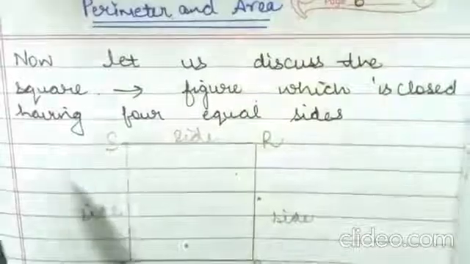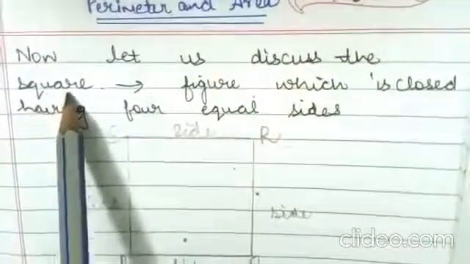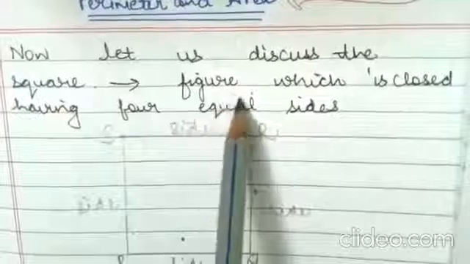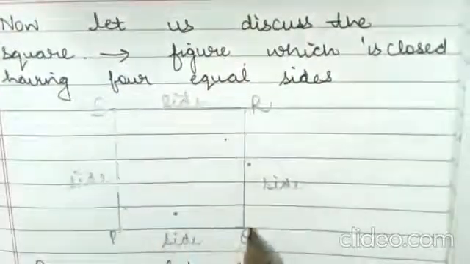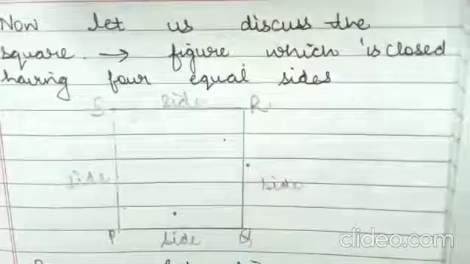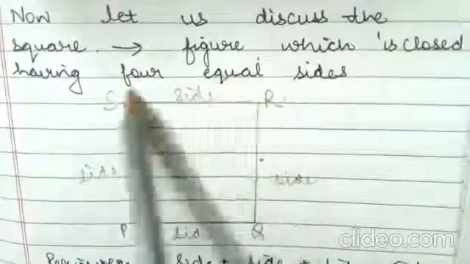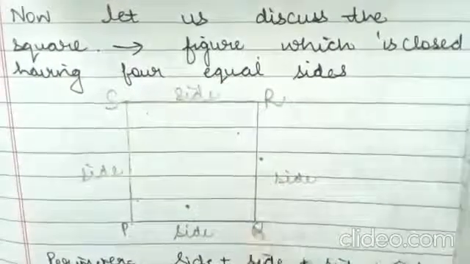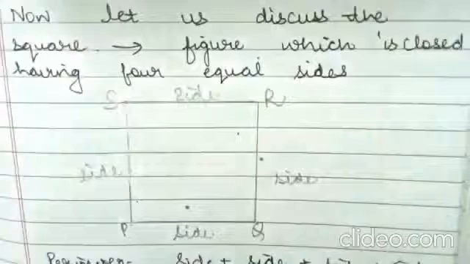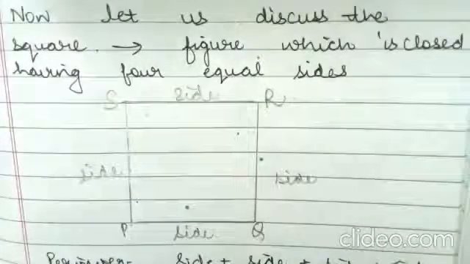Now let us discuss what is a square. A square is also a quadrilateral which is closed, having 4 sides, and all the sides of a square are always equal. Always keep in mind that all 4 sides of a square are equal. Now, the perimeter will be what?